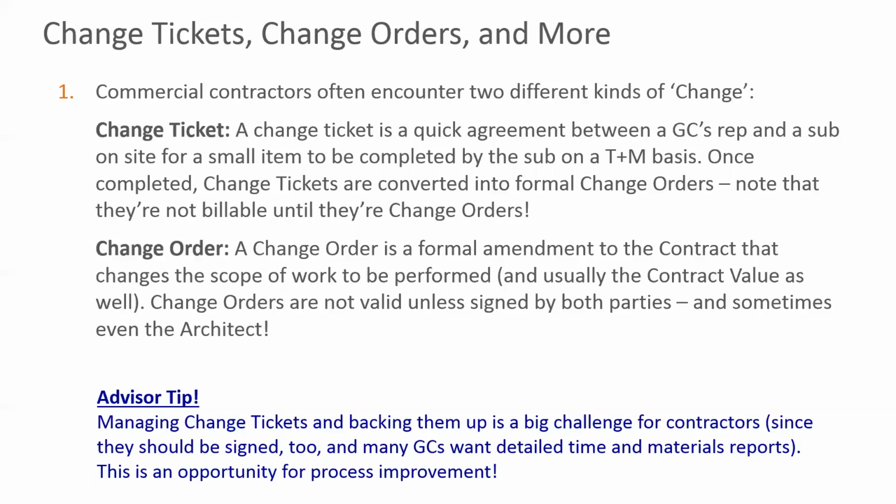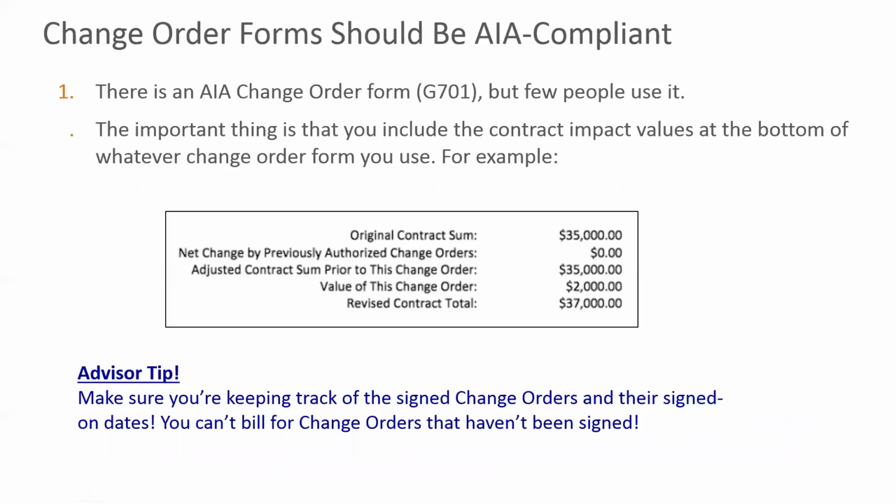So change orders are a big deal in contracting, as I'm sure many of you know. Specifically around change tickets, it is something that's a big challenge for contractors to manage. If you're working with commercial subs or guys who are doing commercial work, do see if you can help them come up with a process for managing change tickets, since it often is quite painful.